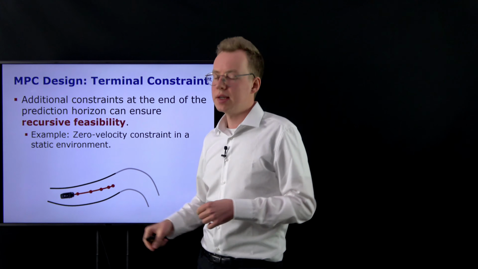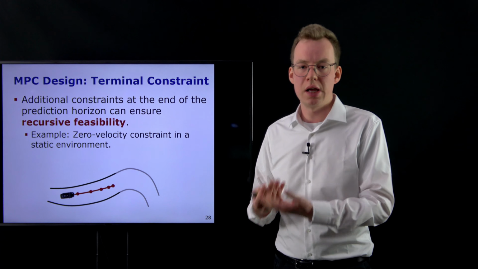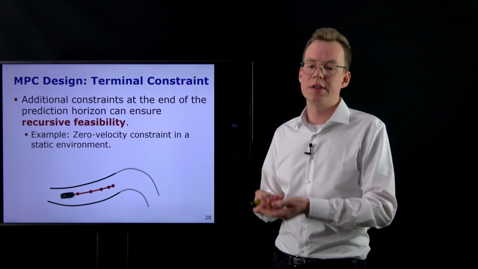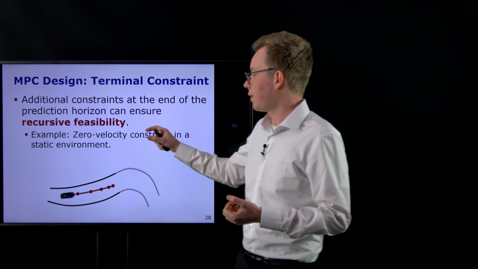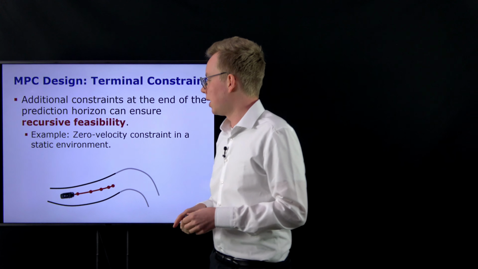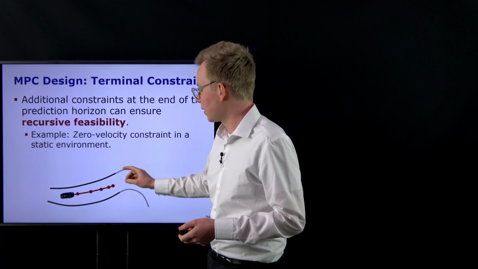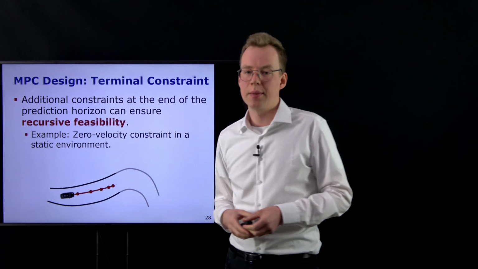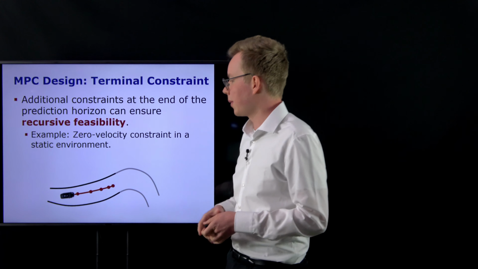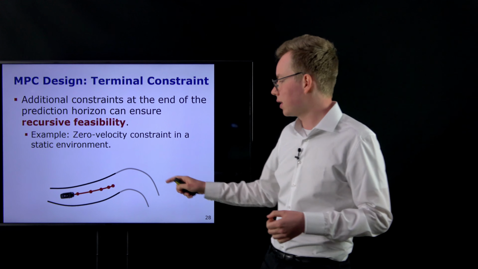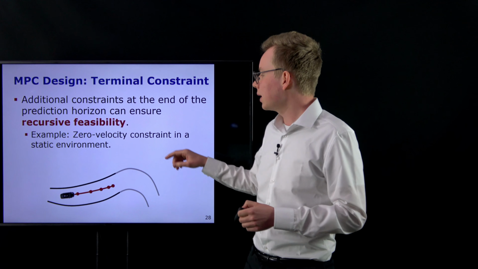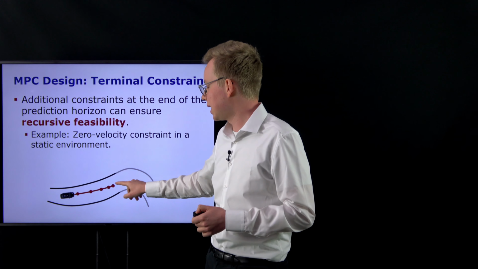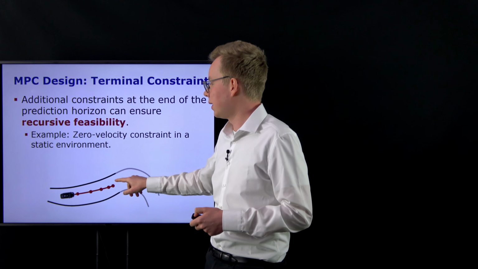And recursive feasibility means that if the true model of the system agrees with the prediction model that we have, then this problem will always be solvable, even if we only consider a limited number of time steps. So even though we don't see this corner coming. And one way that we can achieve it in this problem where we have a static environment is that we can constrain the velocity at the end here to be 0.